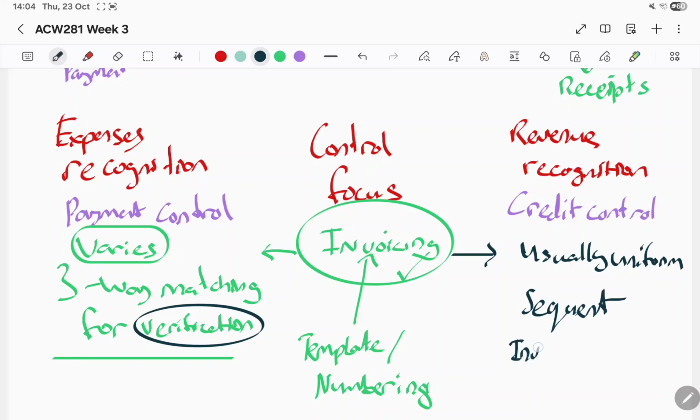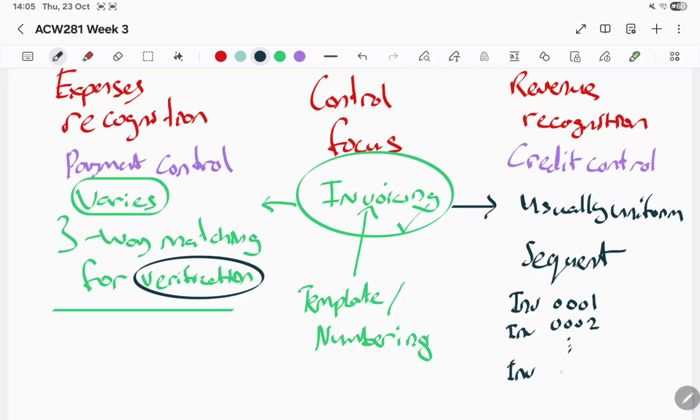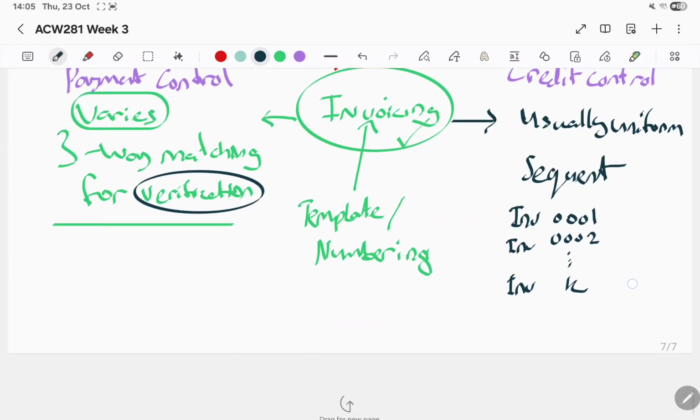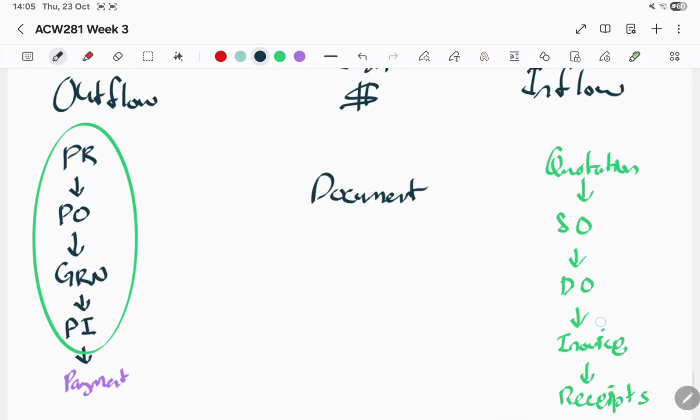Alright, you will have like invoice 0001, 002, and so on, right?